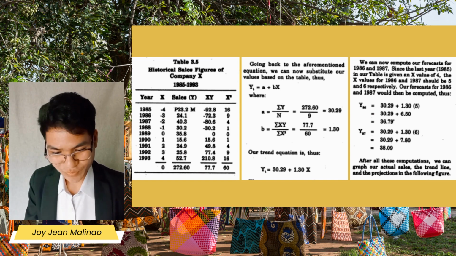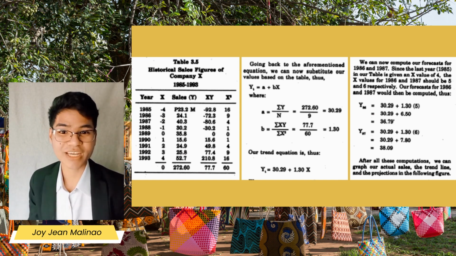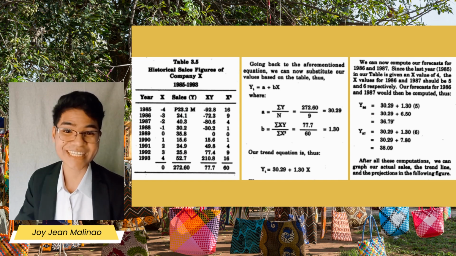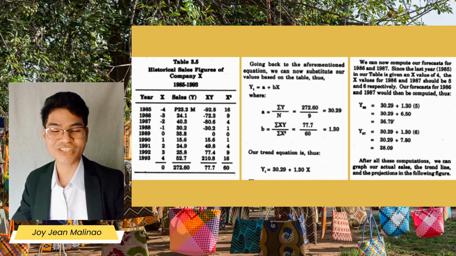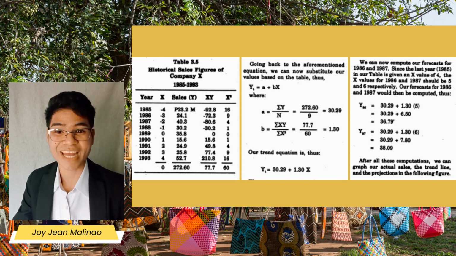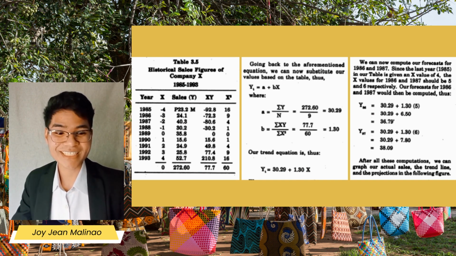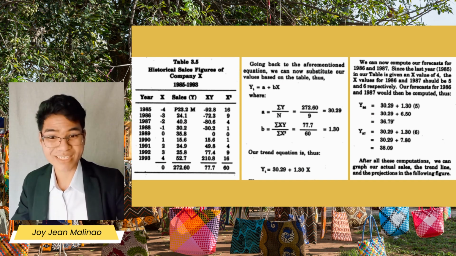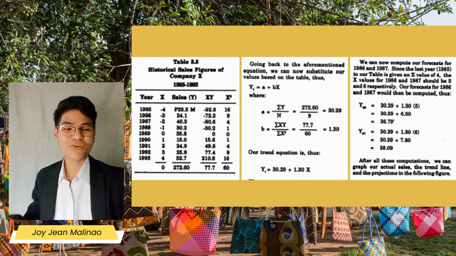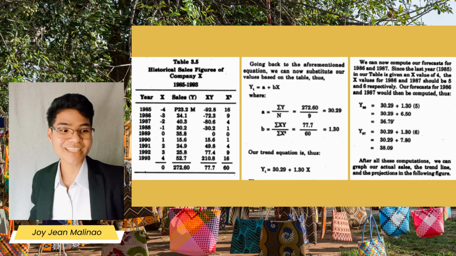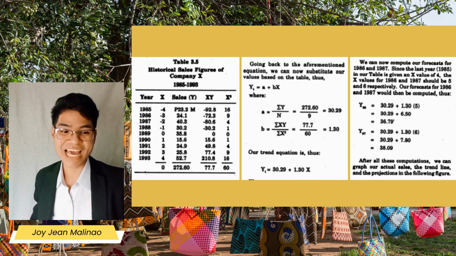So now we can compute our forecast for year 1986 and 1987. Since the last year, 1985, in our table is given an X value of 4, the values for 1986 and 1987 should be 5 and 6 respectively. Our forecast for 1986 and 1987 would be computed thus.